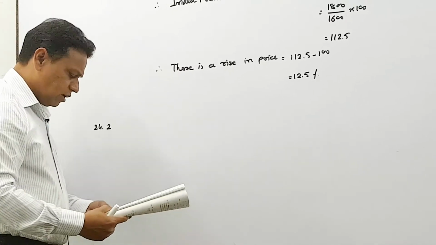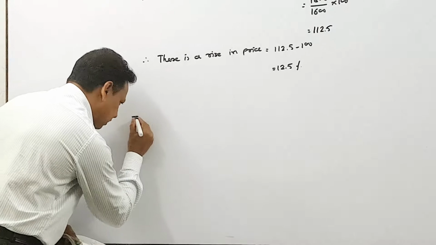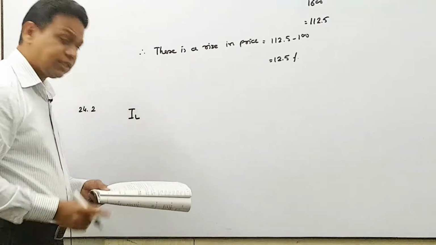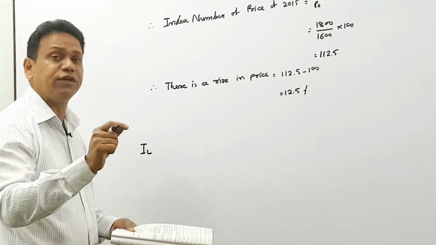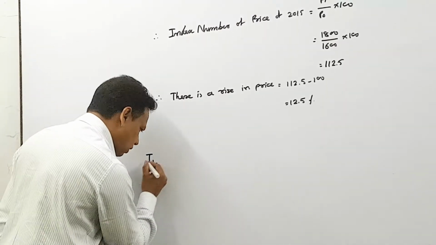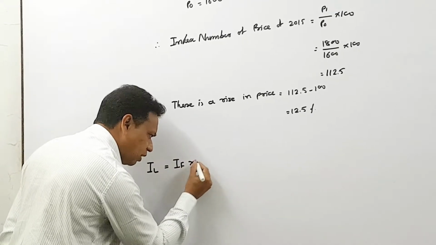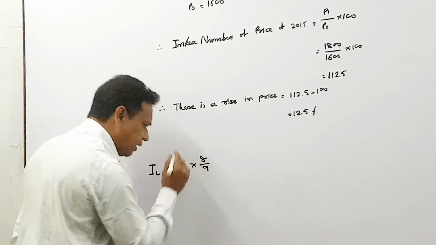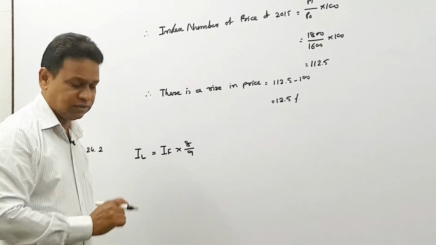What they have given, the Laspeyres index number, that is IL, is 8 upon 9 times the Fisher's index number. So the Laspeyres index number is equal to the Fisher's index number multiplied by 8 upon 9. So we are able to get the Laspeyres index number as per the given sentence.